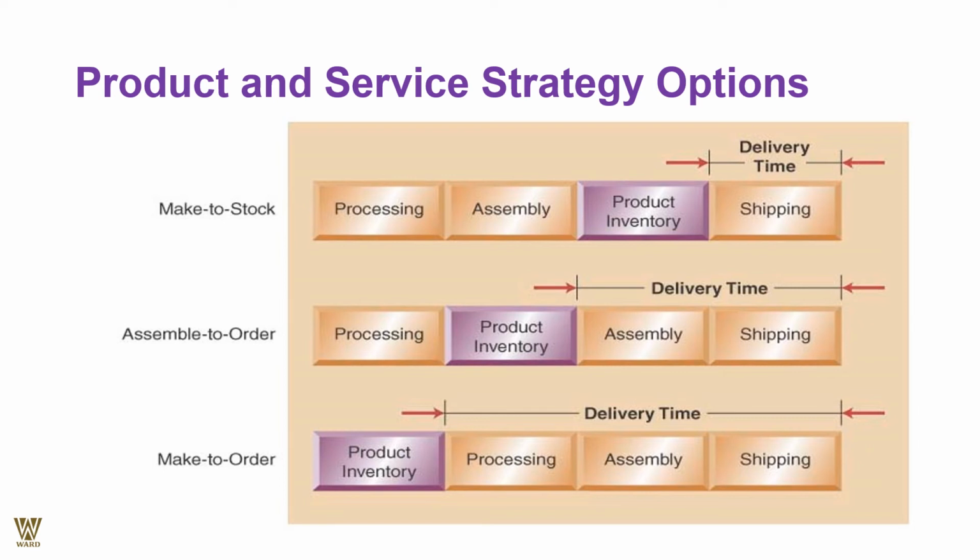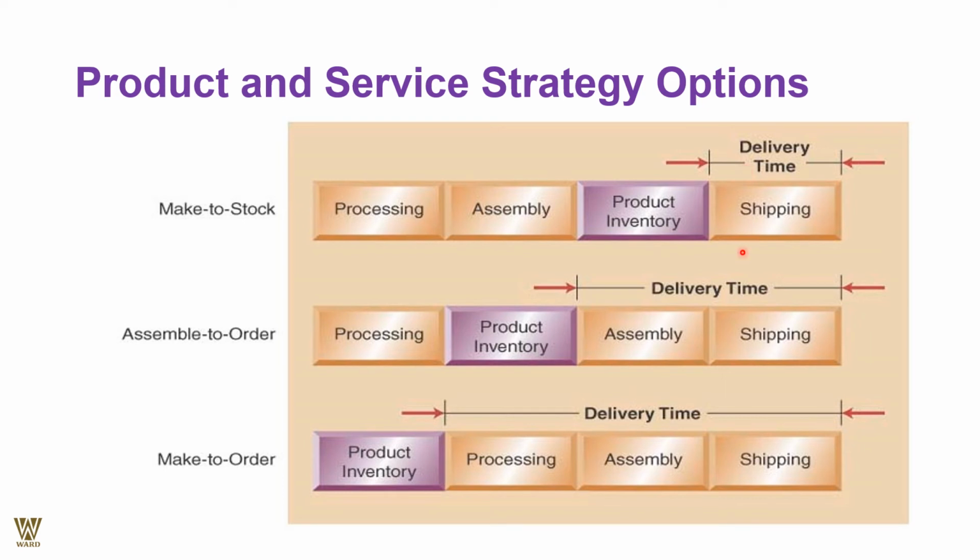In the pictographical representation, if you look into it, the delivery time for make to stock is absolutely minimum, while the delivery time for assemble to order is somewhat more than make to stock. But the delivery time for make to order is the maximum. Why? Because of the processes and steps that we are taking.